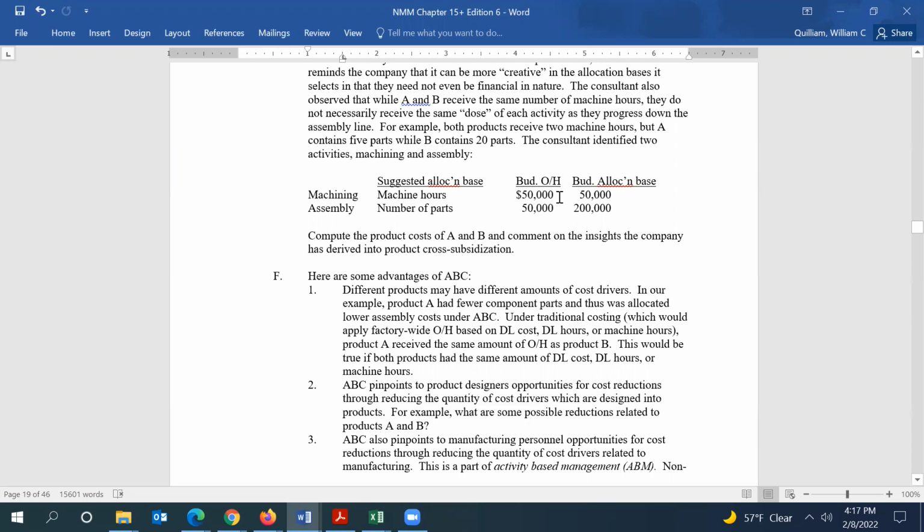And it determined then that activity contained half the overhead cost pool, $50,000. And the allocation base, well, 50,000 machine hours. So it's saying that as they incur more and more machine hours, the overhead in this machining activity tends to go up. That makes sense.